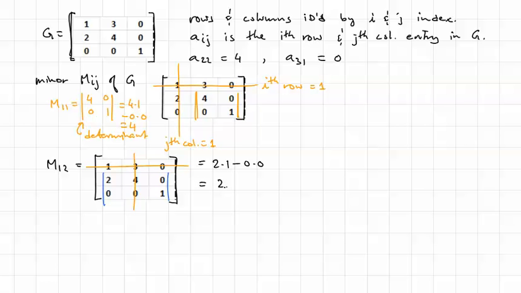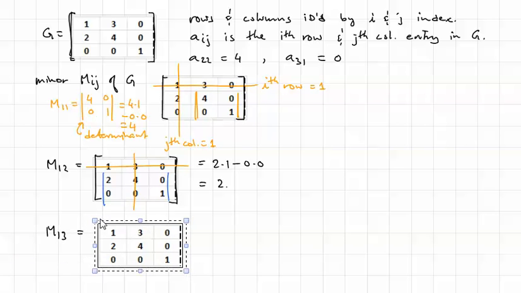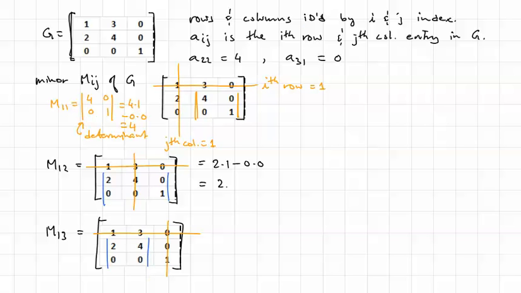All right, and then let's calculate one more, M13. In this case, we're going to cross out row 1, column 3, and we are left with this 2, 4, 0, 0, and its determinant is 2 times 0 minus 4 times 0, so it is equal to 0.